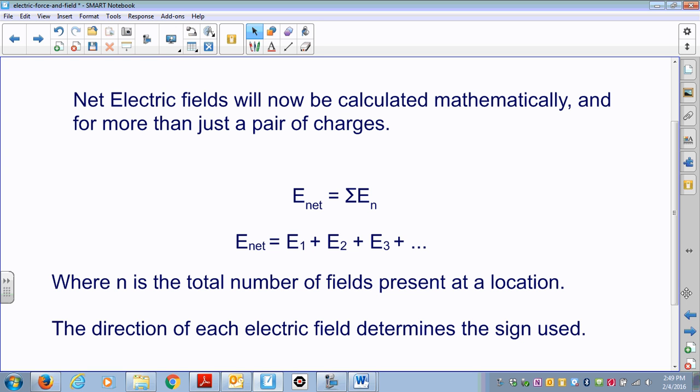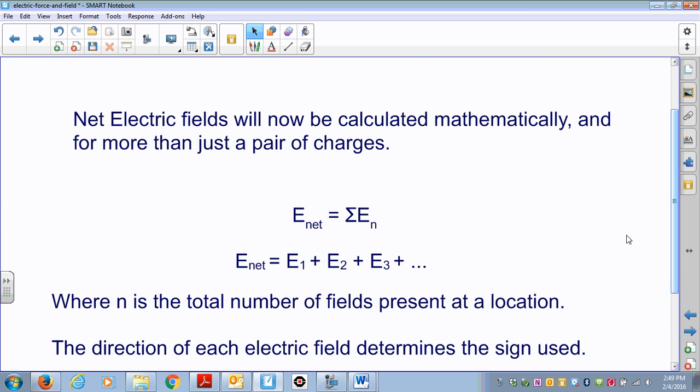The direction of each electric field determines the sign that you use. Since these are vector quantities, I'm going to go ahead and add a vector sign. Because we're not just adding the magnitudes, we also have to add the direction.